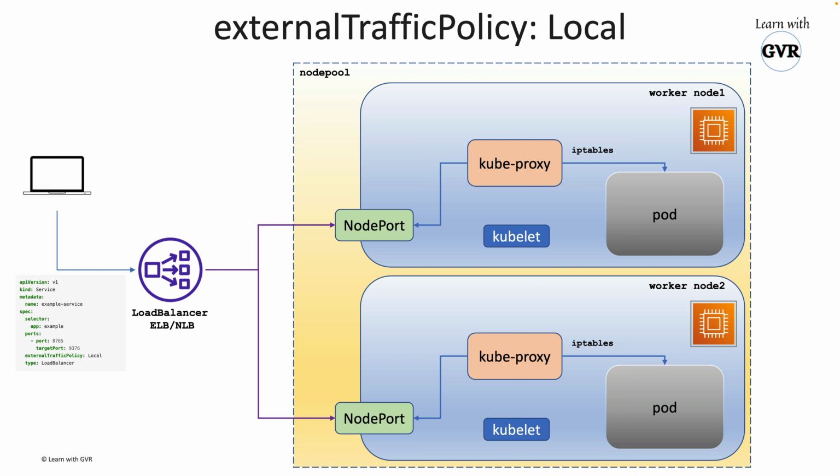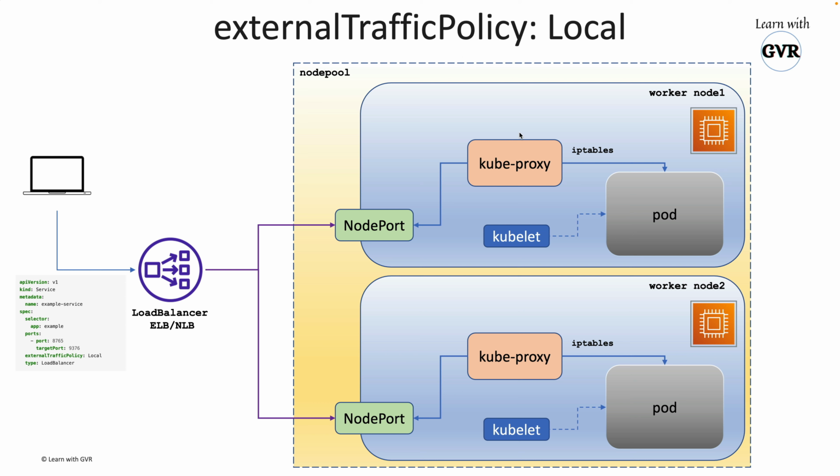Now here all good. Of course we know the kubelet will talk to the pod in case of anything to be done by the Kube API server, which is the big boss. So here all good, with respect to service with type equal to load balancer and external traffic policy equal to local, which means your traffic is from the external sources, right?